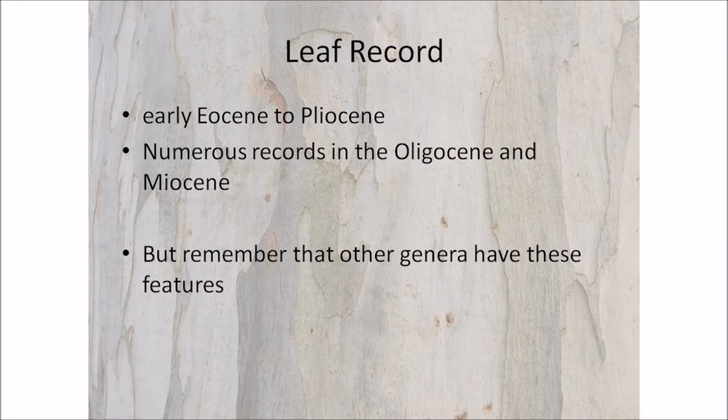The leaf record for the genus extends from the early Eocene, so about 52 million years ago, all the way through to the Pliocene. There's numerous records in the Oligocene and Miocene, but some other genera of Myrtaceae can be similar. So what I now want to do is look at things that are really much more definitive, the fruit record.